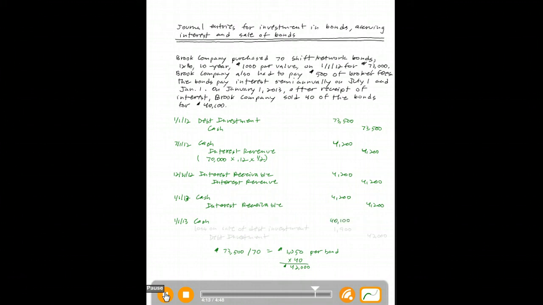I will credit my debt investment account for $42,000. And the difference of $1,900 is my loss on sale of debt investment or loss on sale of bonds.